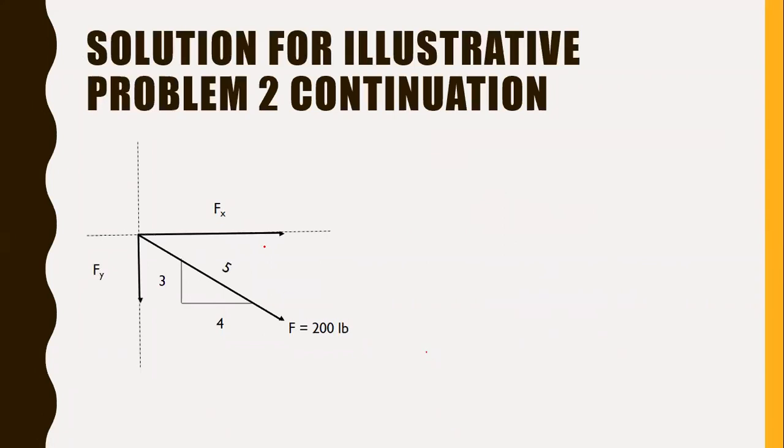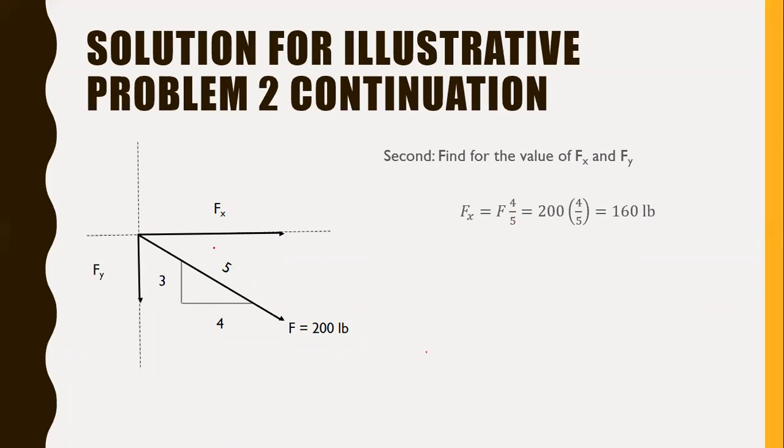Therefore, you have your 5, 3 and 4, Fx and Fy, and then your vector F, which is 200 pounds. Now, find the values of Fx and Fy. We have Fx equal to F times 4 over 5.